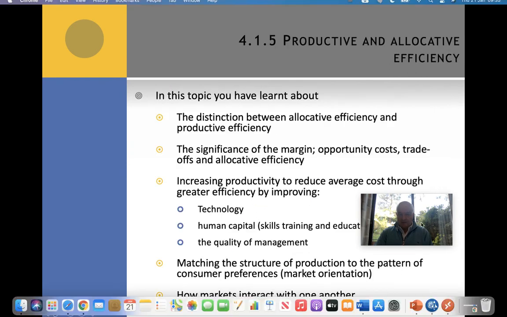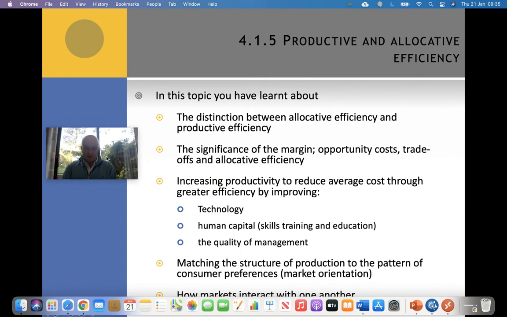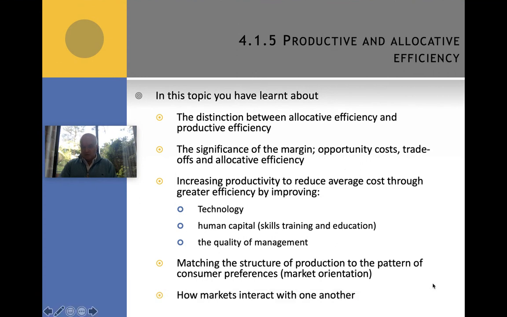Okay, so basically what we've covered in this presentation is all of the areas we said we would do. We've looked at allocative and productive efficiency. We've also looked at the significance of the margin. We've shown opportunity cost trade-offs and allocative efficiency by using the PPC, the production possibility curve, or the production possibility frontier as it's sometimes known.